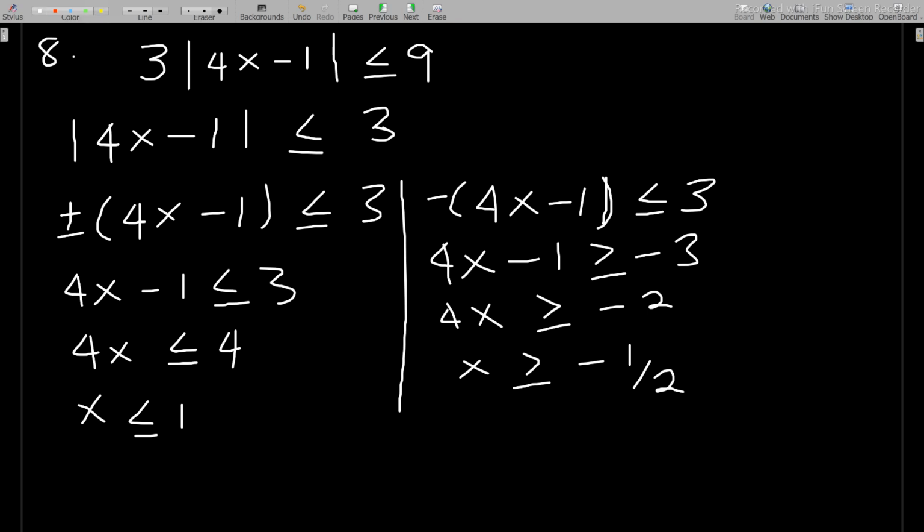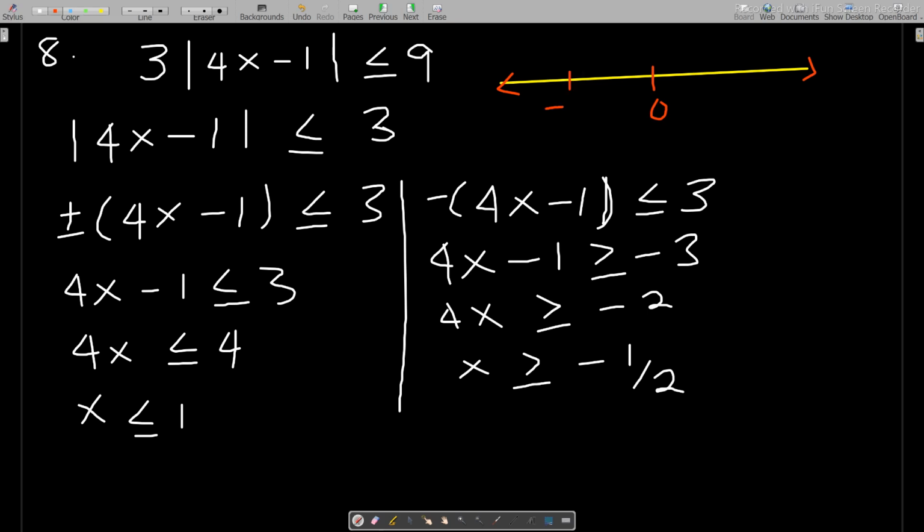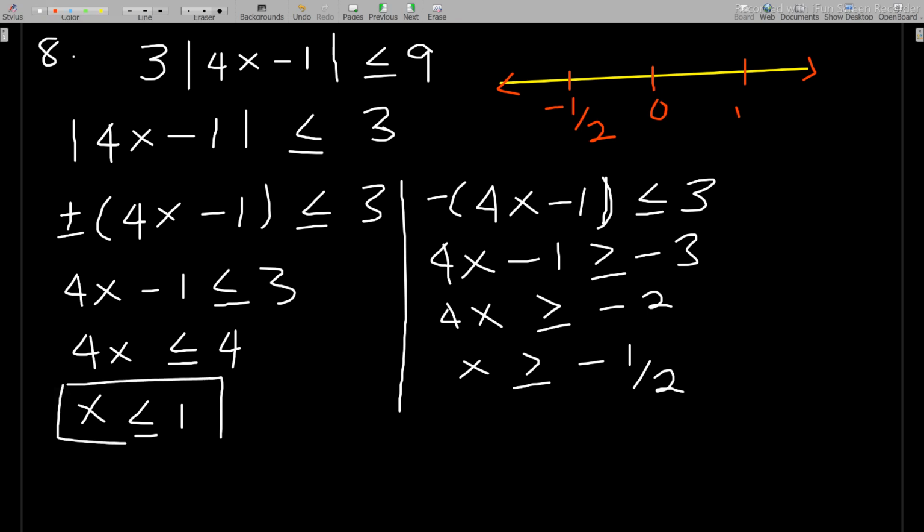So what you go ahead and do is draw your number line like we did for the first one. With the number line you can indicate everything on it. So I have 0, and let's say negative half is here, and I have 1 here. Since this is less than or equal to, I take the first argument.